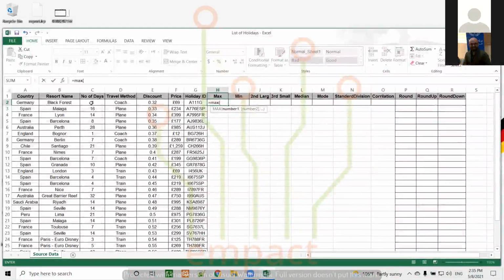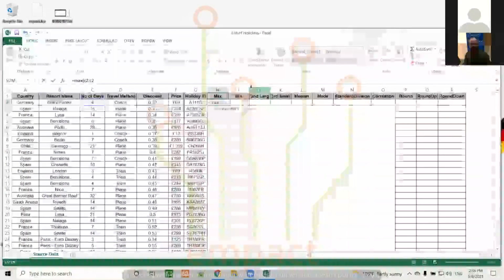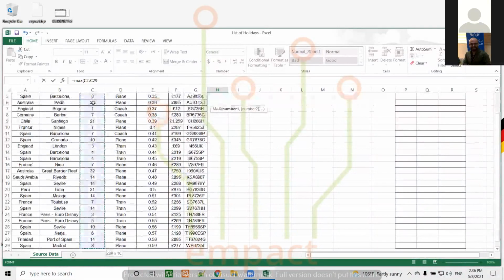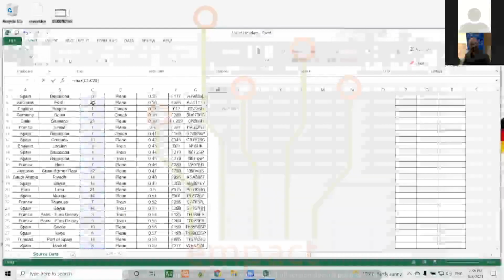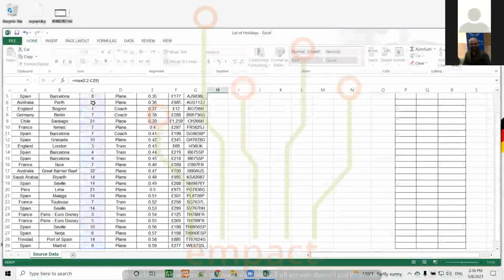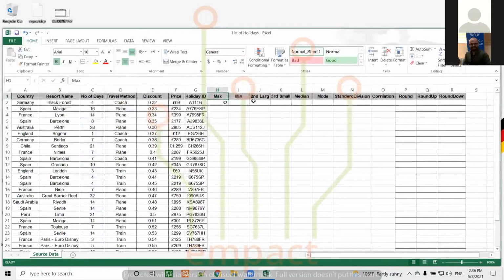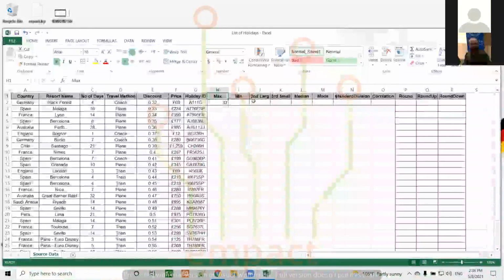I could just check the days, starting from C2 to C29. Closing the bracket. Now we see we have 32, which is the max number within the days.